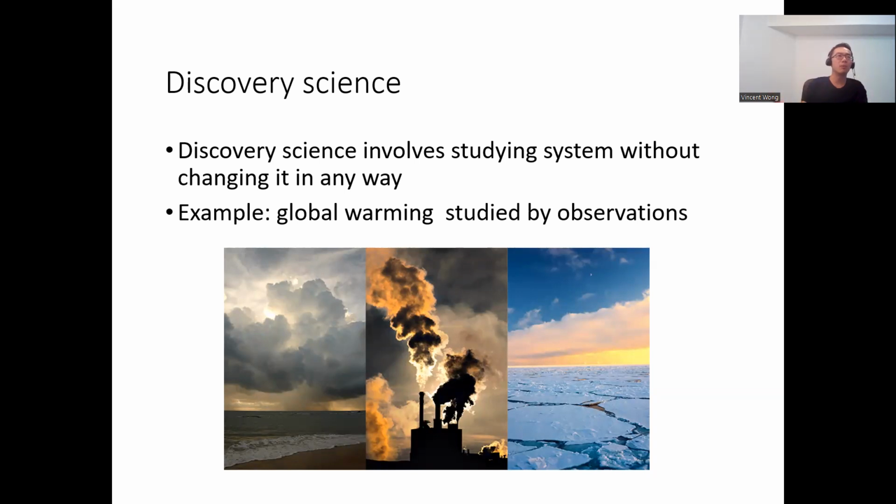Do you see any commonalities between what you're observing? That's discovery science. Global warming is an example of discovery science. You observe that certain countries are having more emission than others, and that causes the temperature to rise. So you try to come up with some kind of conclusion based on different small observations.